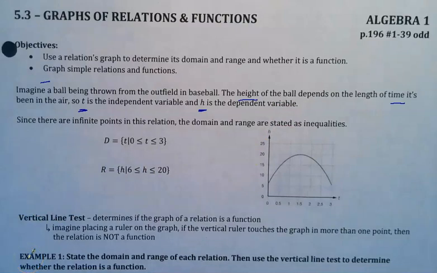All right, so since there are infinite points in this relation, well, what does infinite mean? Non-ending. Okay, so there's infinite points in this relation. The domain and the range are stated as inequalities. So this is different. Look at this domain. That is different than what we've been writing for domains.